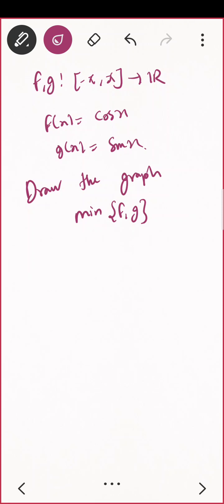Can you try? How will you draw this minimum of f and g? Anybody? Do you have any idea? We may discuss.